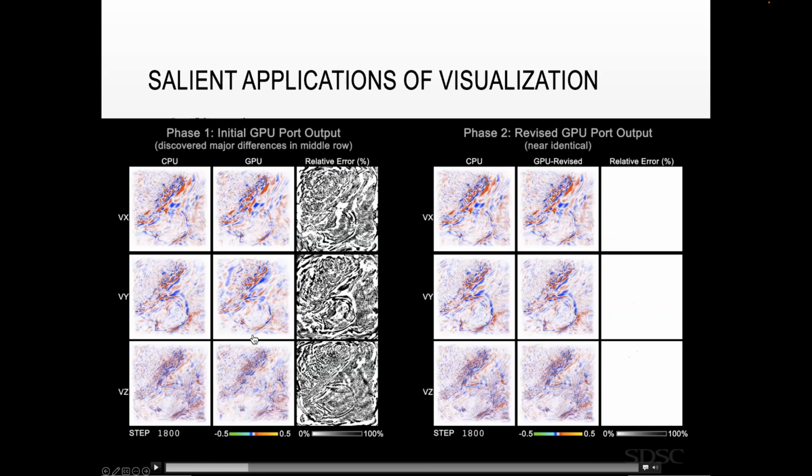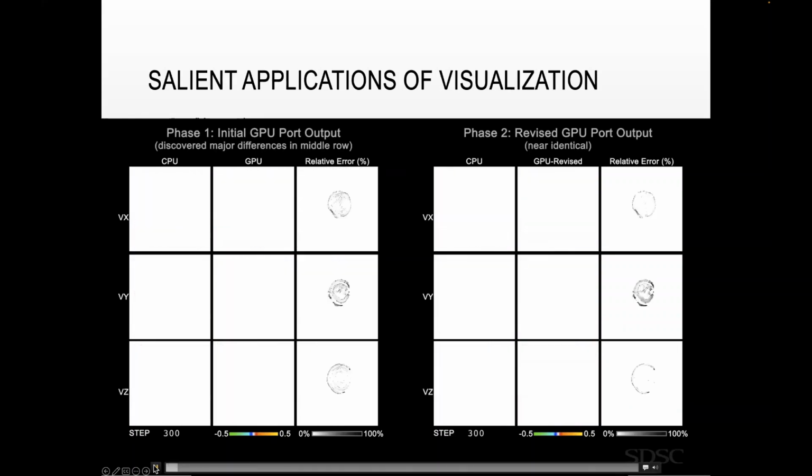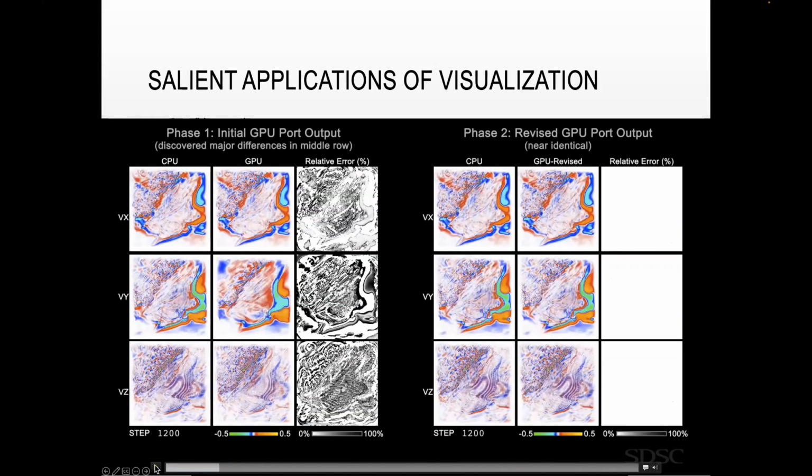Then the scientists thought that the porting was completed and working well, and it was actually running very fast. The idea was to publish the results and create some pictures for the paper. But when we started looking into these results between CPU and GPU, for some parts the visualization shows that if you look at the first 2 panels on CPU and GPU for Vx, it looks okay.